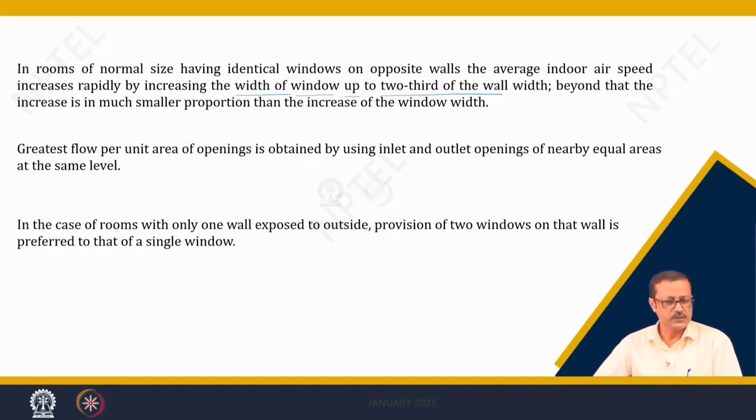The last one: if any room has only one wall exposed to the outside, and we can give only one-side windows, we should give at least 2 windows so that some circulation may be obtained. Suppose this is the only room, I want to give at least 2 so that some circulation may be attained in the room. So, that is the recommendation.